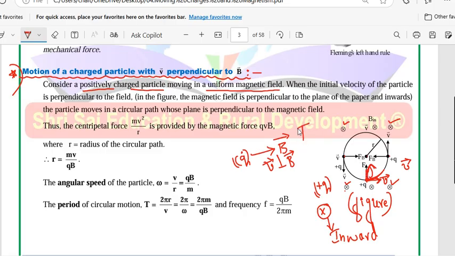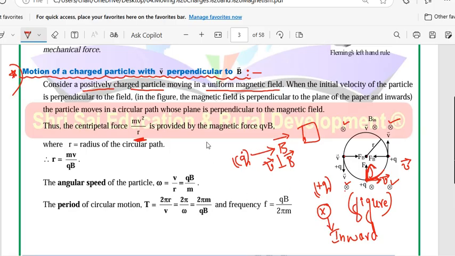So if you consider the plane of paper also, okay, perpendicular to the plane, if you consider the circular plane of paper, here whatever the charge is moving around the circle, it is having some kind of velocity. That velocity is perpendicular to the magnetic field. So the centripetal force is given by this. There is an inward force, is it or not? F_B here is an inward force, that is the centripetal force.